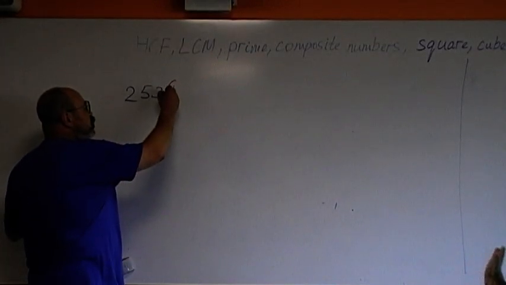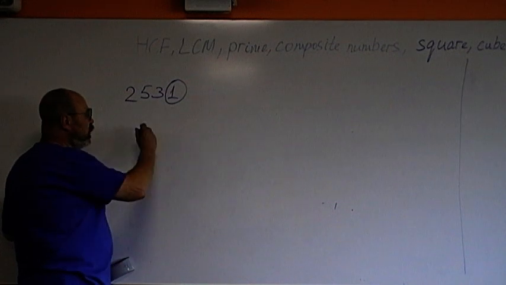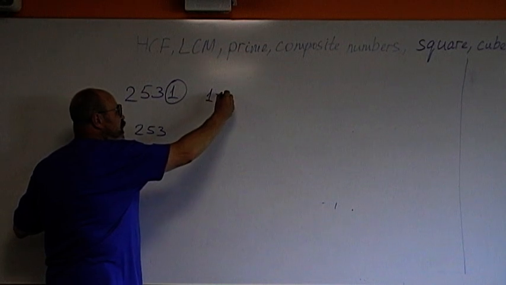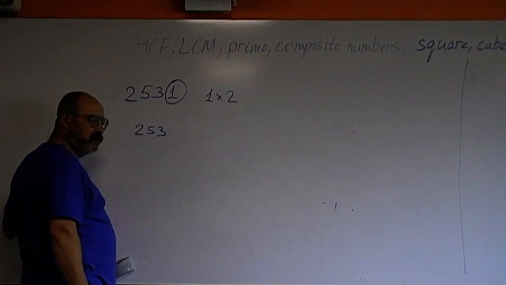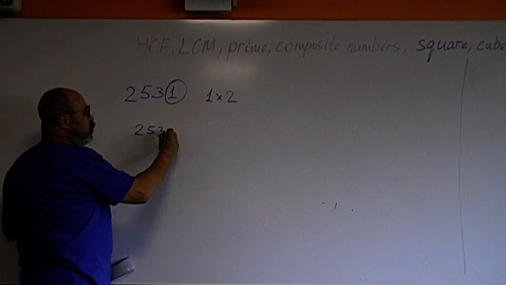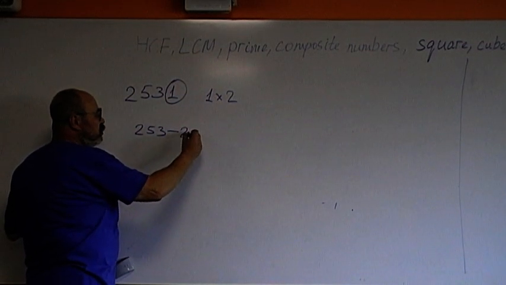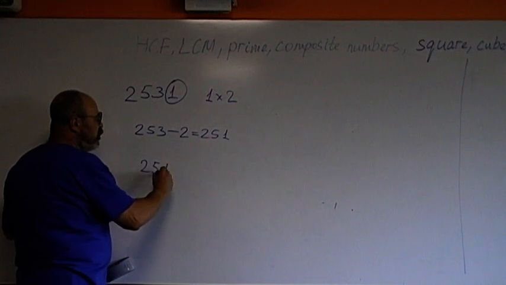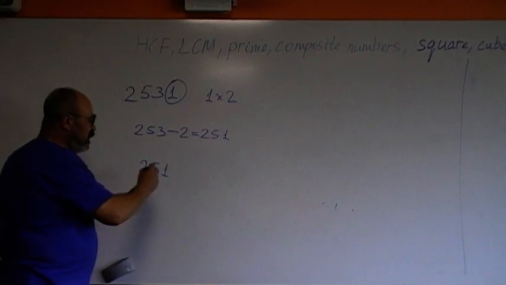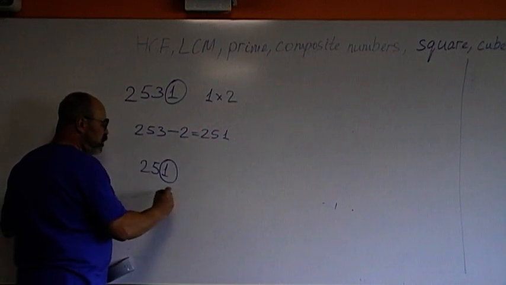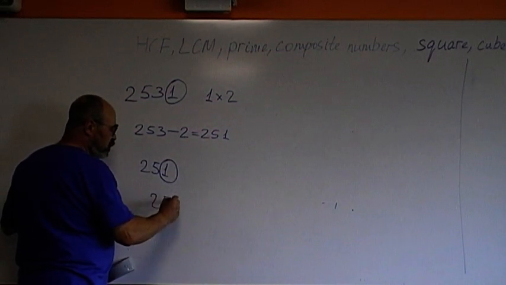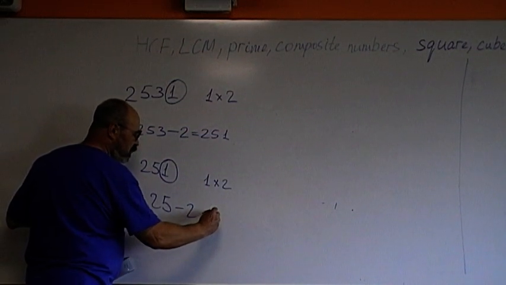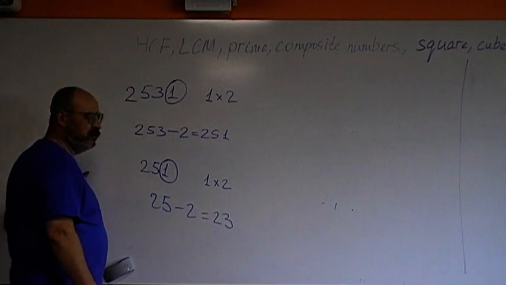We take the last digit and take it away. Then we double it, and we subtract it from what's left: 253 minus 2 gives 251. Then we do the same thing with 251. We take the last digit away, 25, double the 1 to get 2, and subtract: 25 minus 2 equals 23.